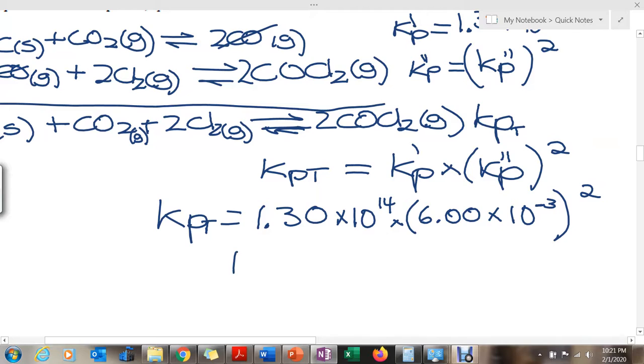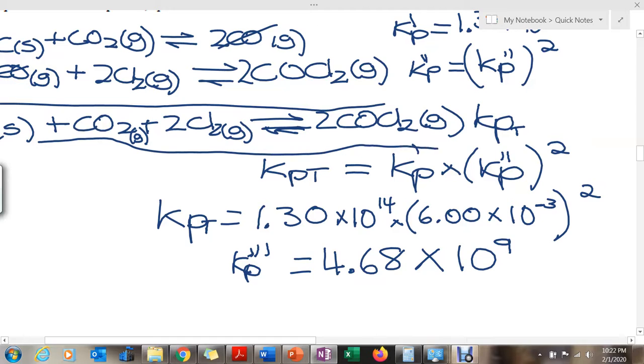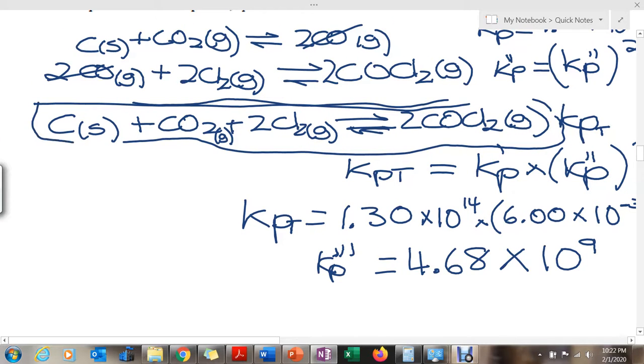So the final Kp would be equal to 4.68 times 10 to the 9. It doesn't matter what you call it, but you need to know that this is the Kp for this reaction. And that is your answer.